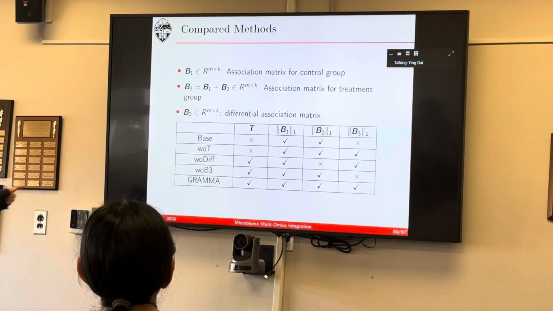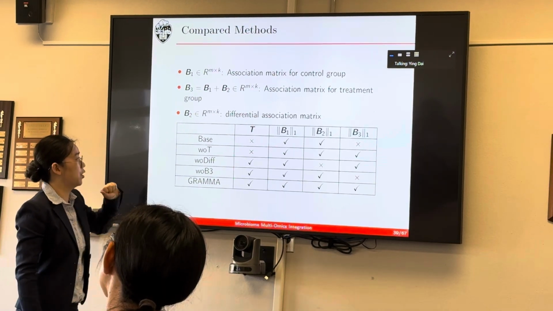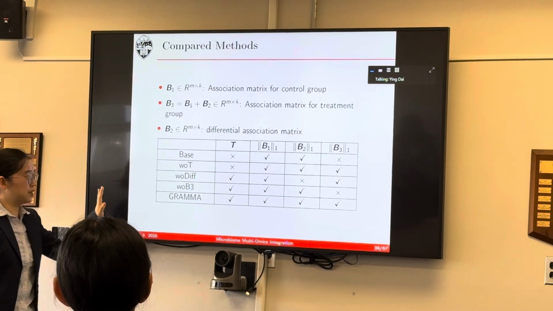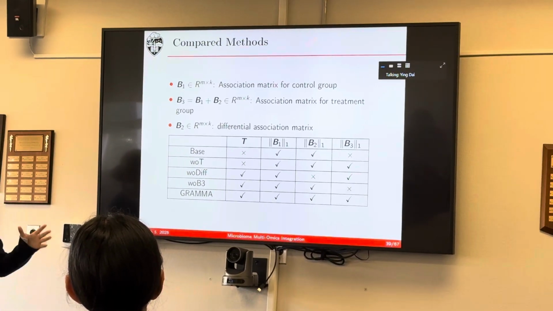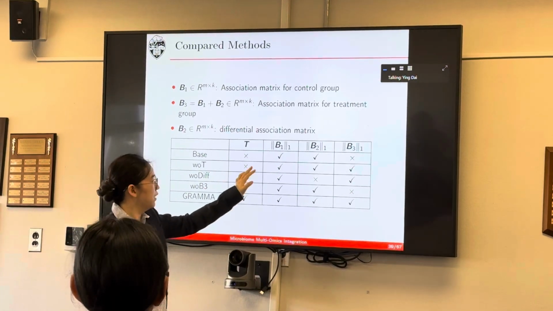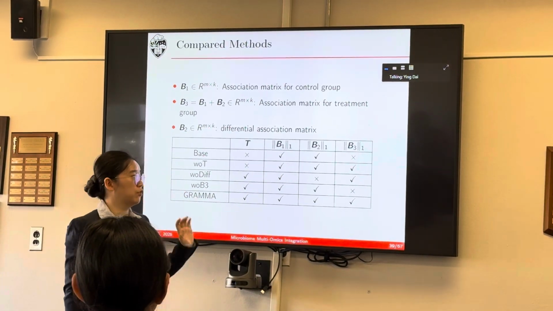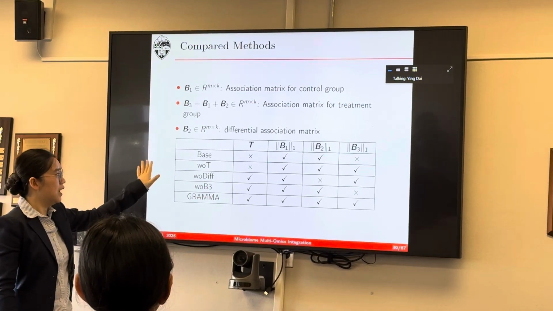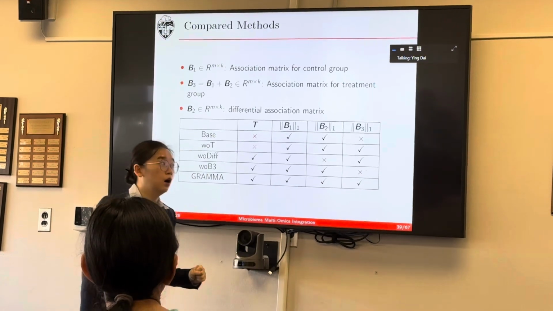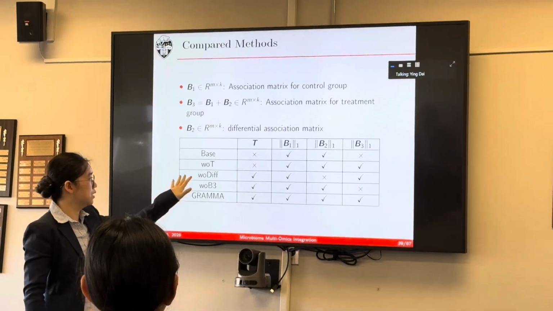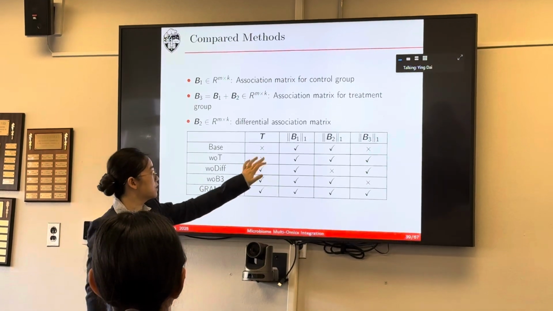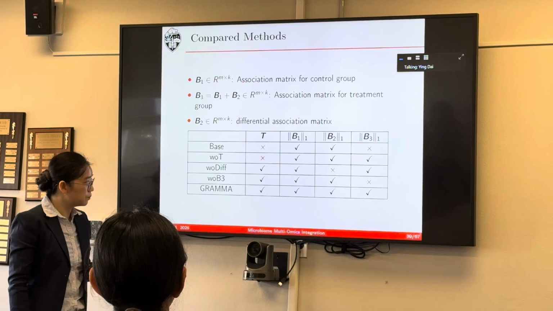And we have our model here, and we want to compare 4 other models. Here is a table that illustrates that we care about 4 components: the total abundance T, and then the penalizations on B1, B2, and B3. The base method does not incorporate T, and it doesn't penalize the treatment associations. Then the without-T method has all the penalizations that we want, but we don't have the T term there.